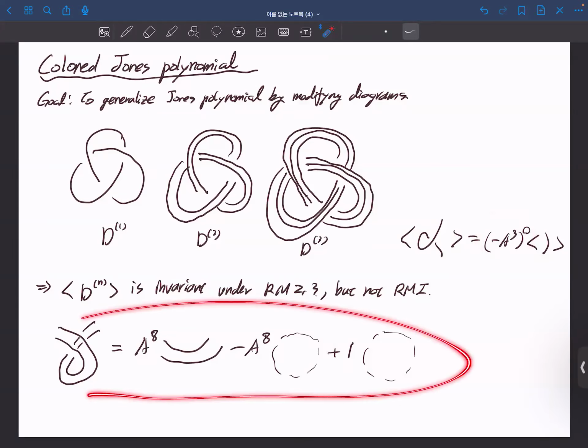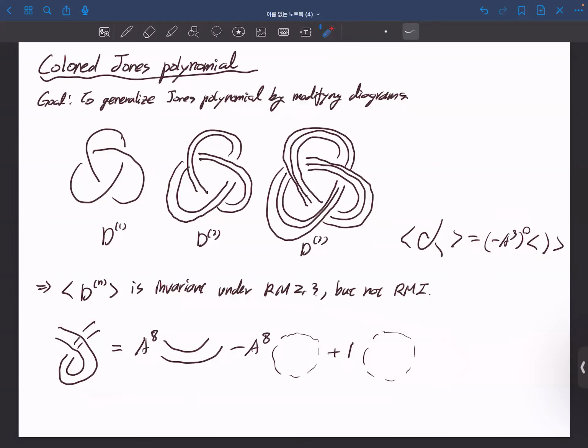But in this case, no. Our good expectation is that this one is equal to something multiplied by this one.